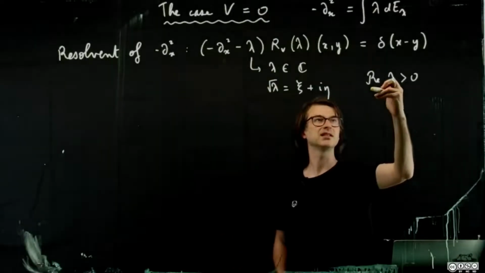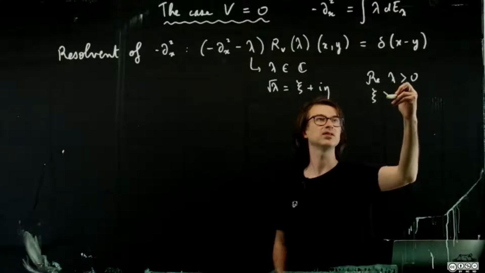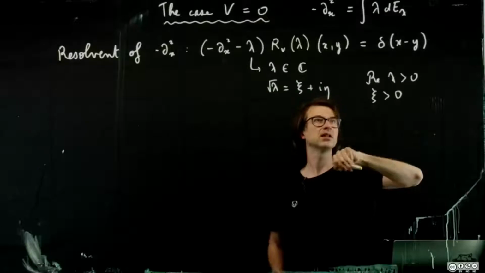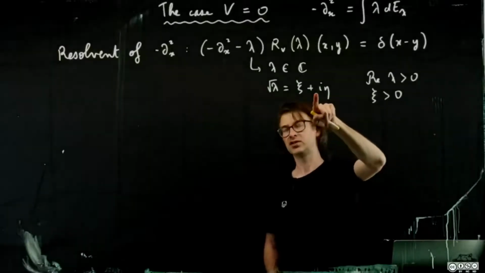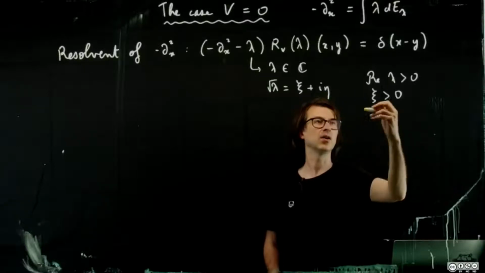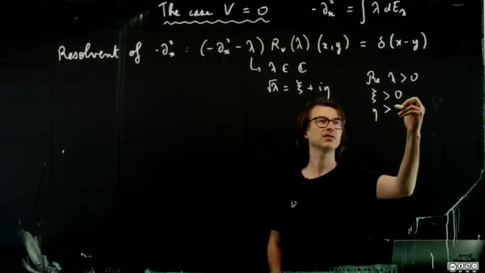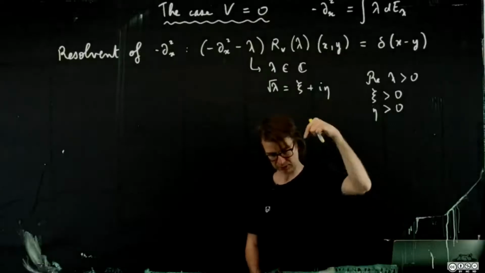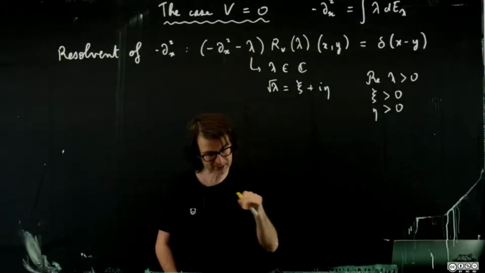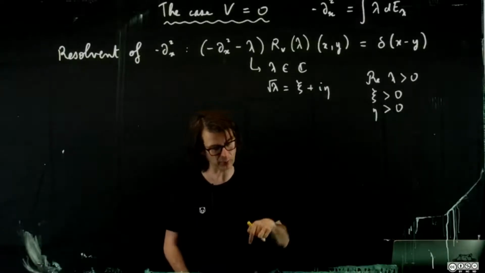This means that xi will be positive, or at least we can choose xi positive, and that's one of the determinations of square root of lambda. And we take eta to be positive, which means that we are approaching the real axis from the upper half plane.